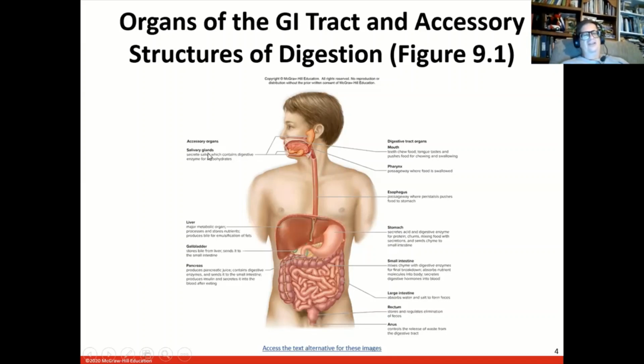But teeth, salivary glands, the liver, a huge amount of chemicals are produced by the liver. But the number one most important thing they're going to talk about here is the bile that comes from the gallbladder. It's made in the liver, stored in the gallbladder.